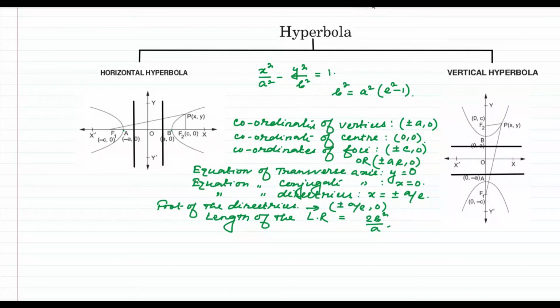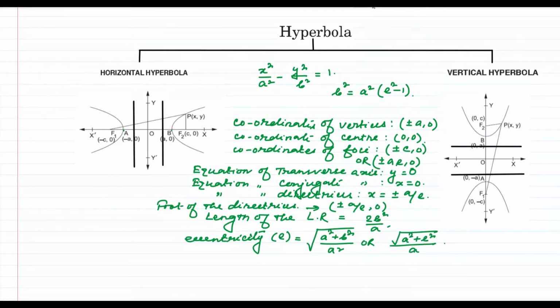And what about the eccentricity? Eccentricity e equals root over a square plus b square by a square, or we can say root over a square plus b square by a. So all these coordinates and equations are of the horizontal hyperbola.